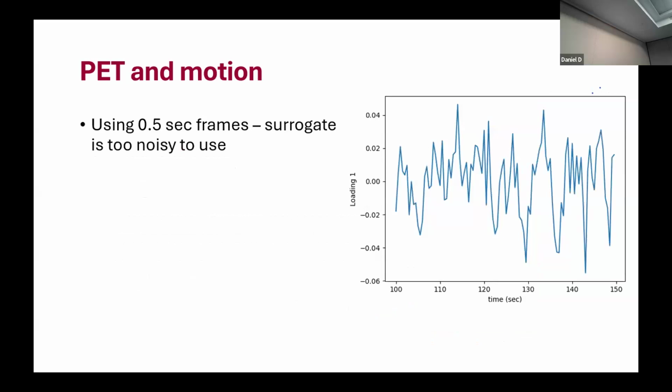That turns out to be way too noisy in practice. If you look at this bit here, this is just one end of the breathing cycle, but the loading of the principal component is going up and down by a huge amount, and this turns out to be too noisy to be usable.